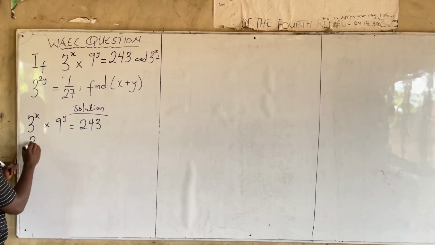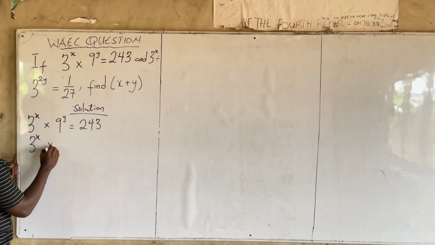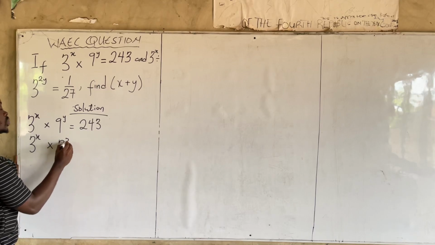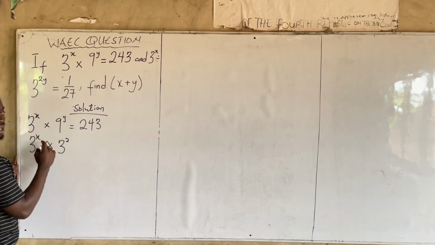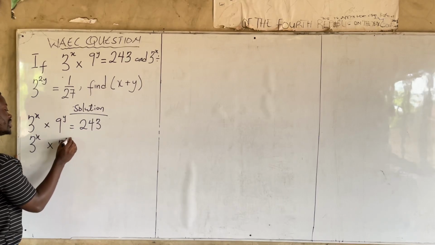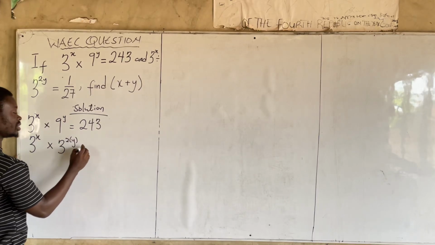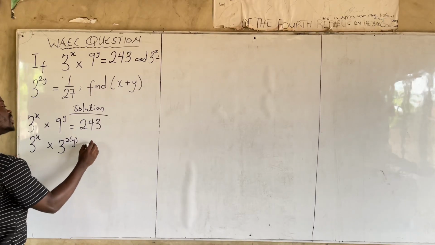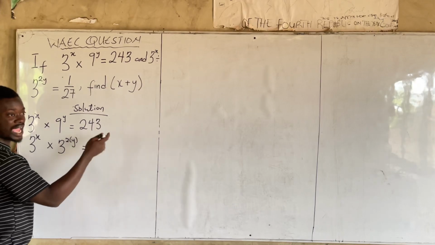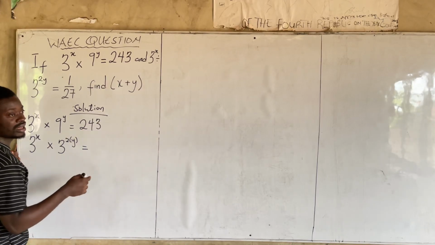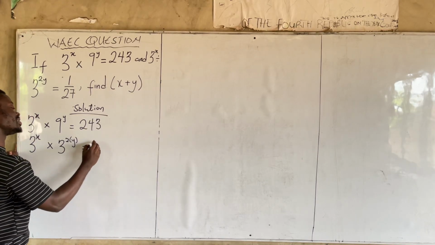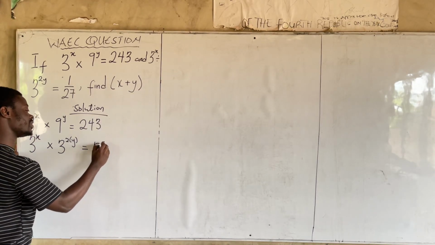So we can say 3 to the power x times, and we know that 3 to the power 2 gives us 9 because 3 times 3 gives us 9, and then multiply by the y here, to give us 243, which is 3 exponent 5, that is 3 times 3 times 3. When 3 multiplies itself 5 times, it gives us 243.